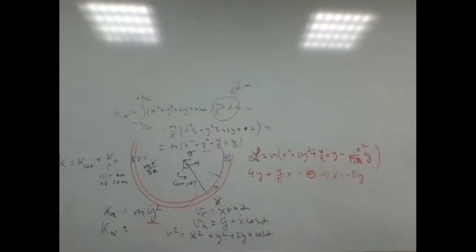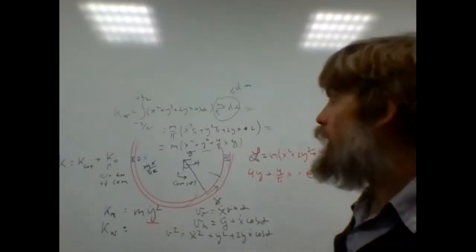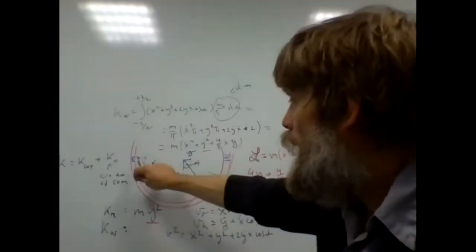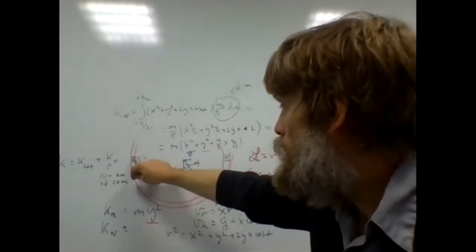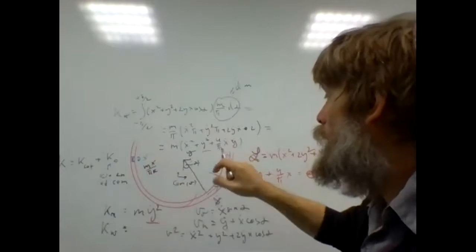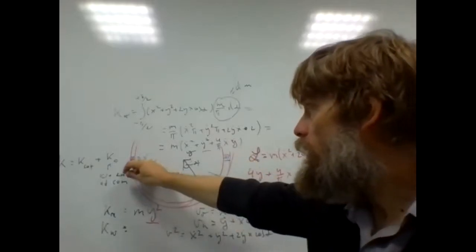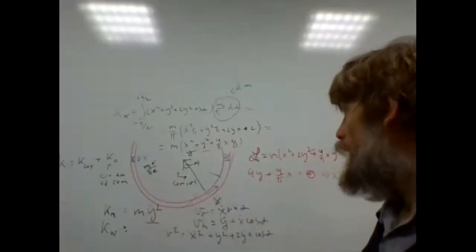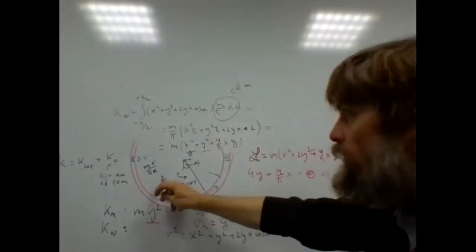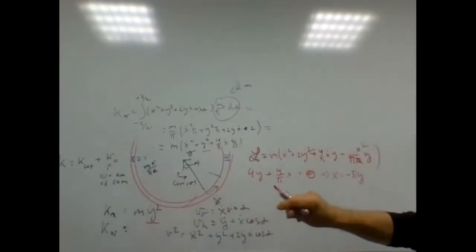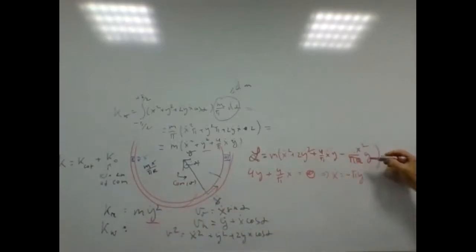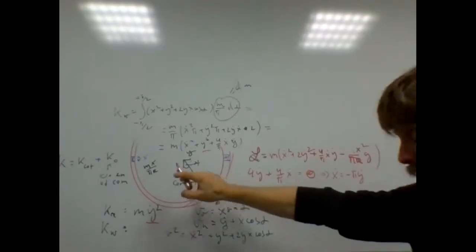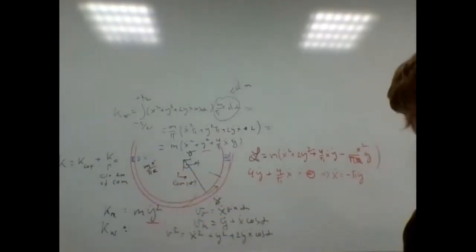Could you repeat the potential energy? Potential energy is so that, okay, the water level goes down here by x and up here by x. So it's as if water here is moved to here. So the height difference is x. So we have mass, which is mx divided by pi r, and we multiply this by g and height, which is x. So this multiplied by x and g.